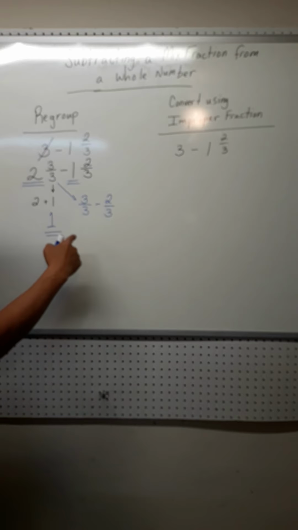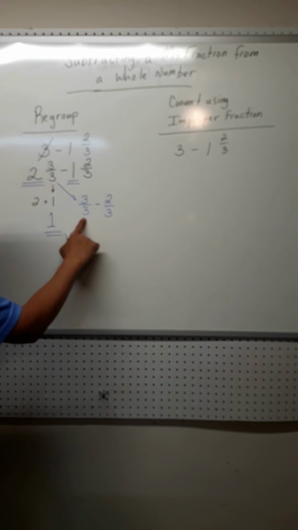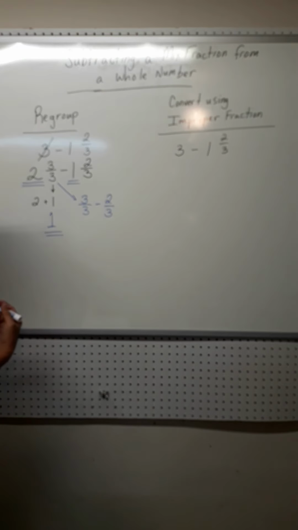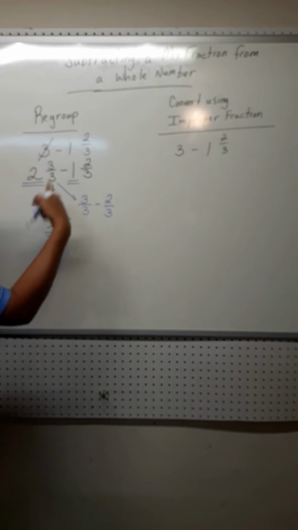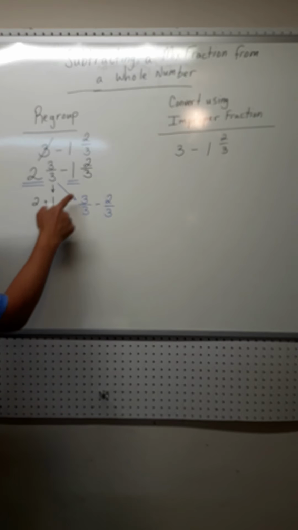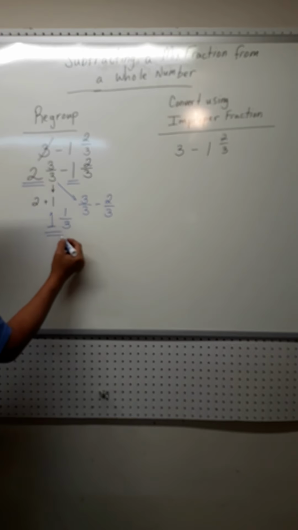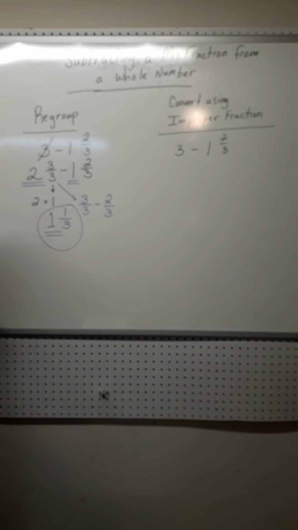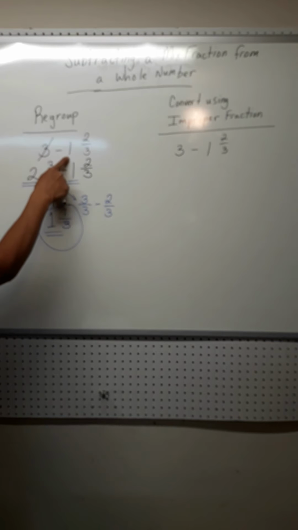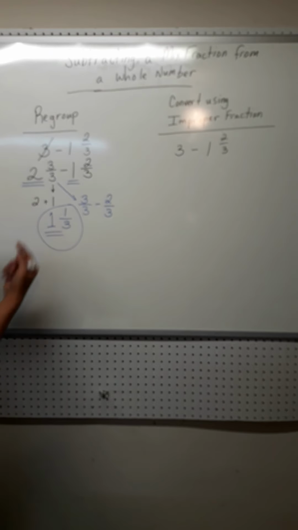Well, with the rules for fractions, especially for subtracting and adding, we must have a common denominator. Well, it is a common denominator, it's the same. So therefore, I'm going to keep it, and I only have to work with the numerator now. 3 minus the 2, which is 1. So my final answer to this problem that originally started with 3 minus 1 and 2/3 becomes 1 and 1/3.